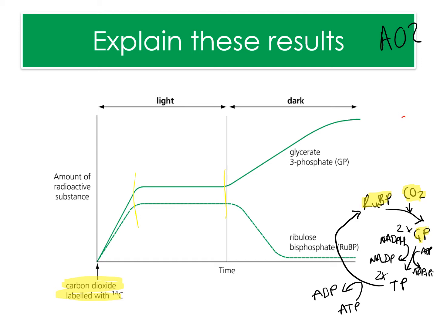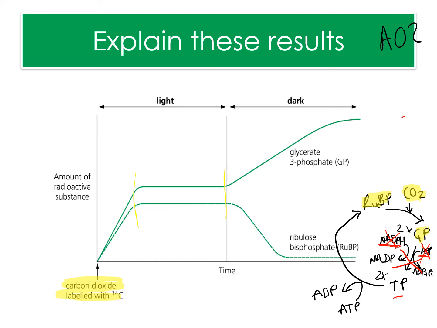The light dependent reactions stop, and so these products are no longer produced. We don't produce reduced NADP and we don't produce ATP. So without them, the reduction step of GP to TP does not happen. And if we don't produce TP, then we will not regenerate our RuBP.